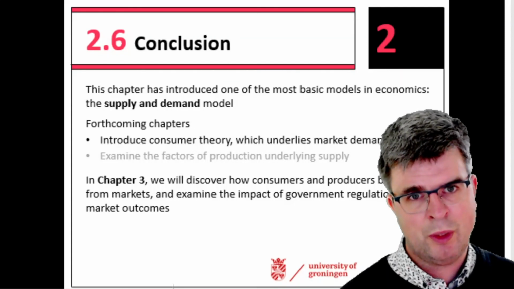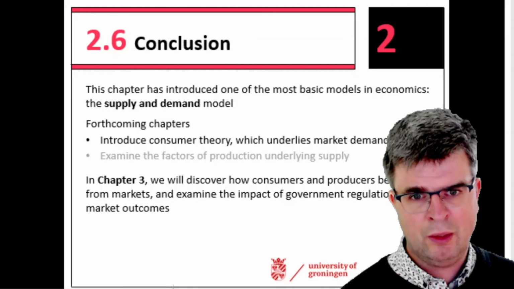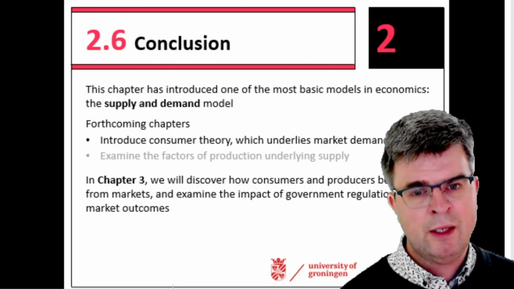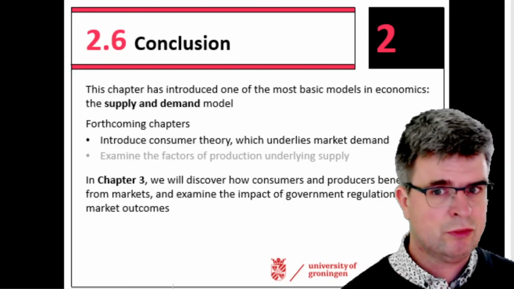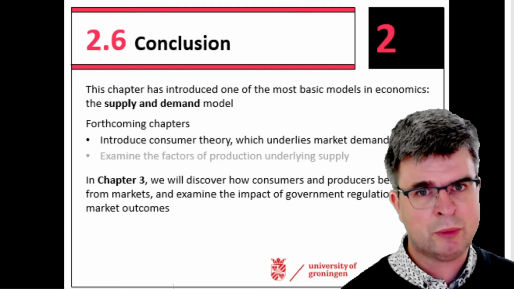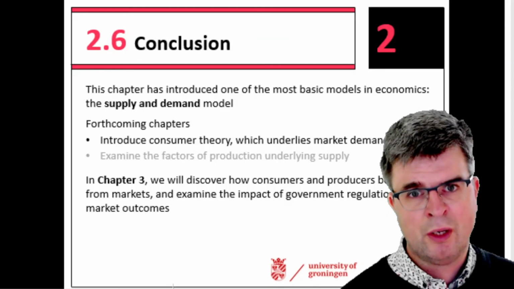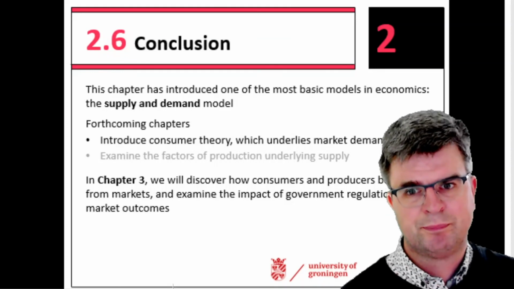So if you know the one, you are also able to do the other. That is chapter 2. In chapter 3, we will look at how consumers and producers benefit from markets, and we also consider the role of the government and what the impact is if the government regulates markets and market outcomes.